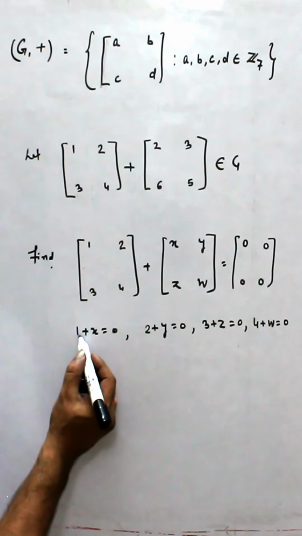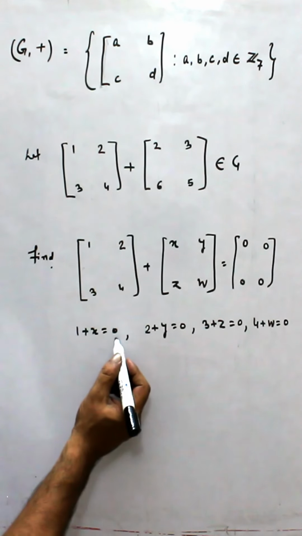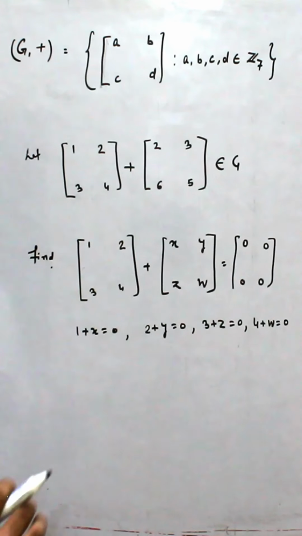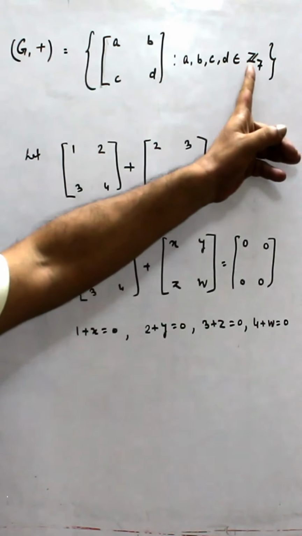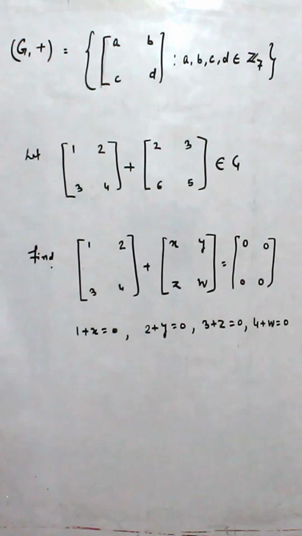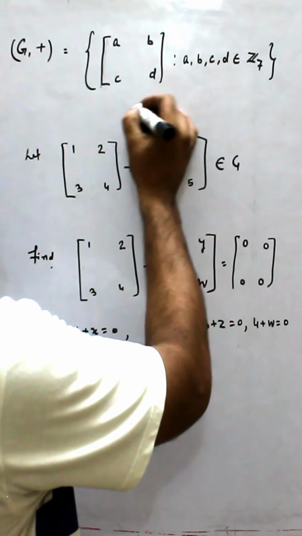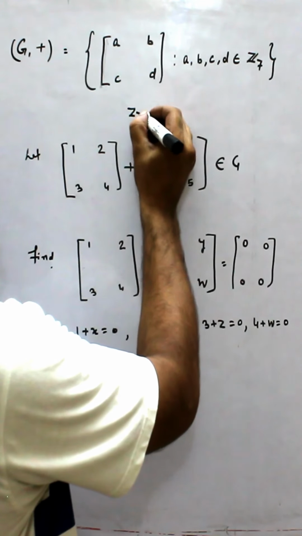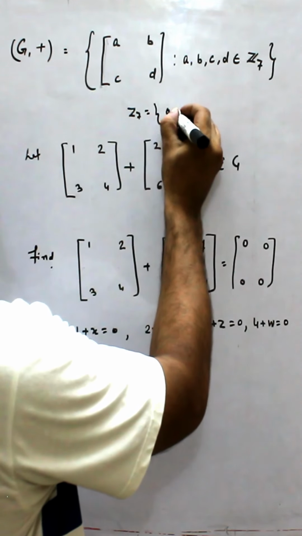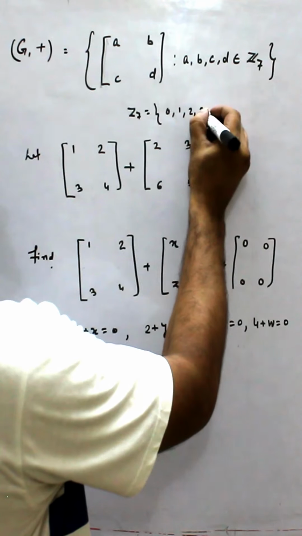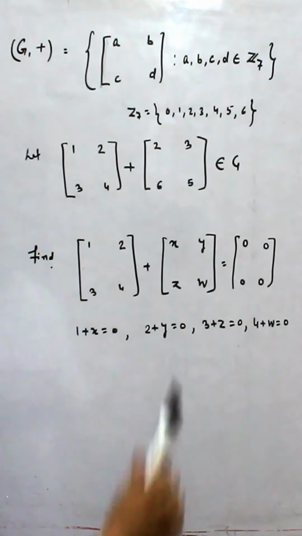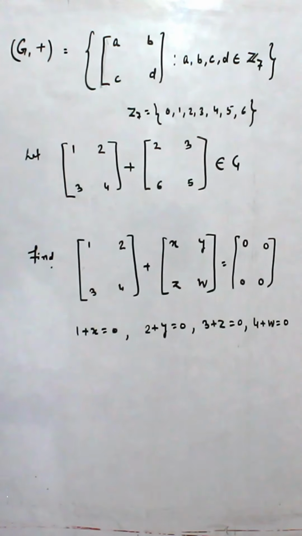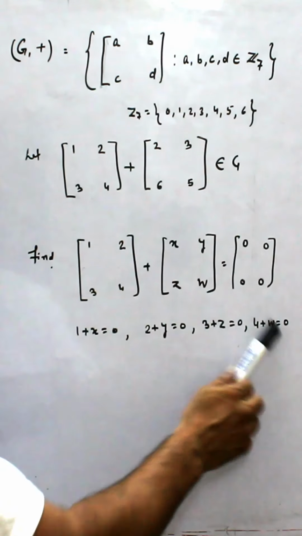Now, what we add to 1 to get 0: our choice for x is from the elements 0 to 6, because x must be from Z7, which contains 0, 1, 2, 3, 4, 5 and 6. Same for y, z and w.